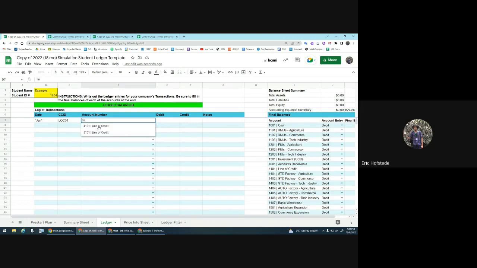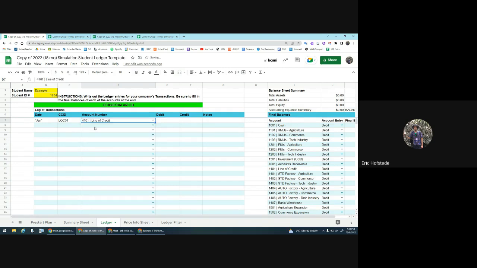I've got two different accounts for it. One starts with a 4 and one starts with a 5. Our 4 account is going to be a future asset. If you remember our asset liability equity equation, a 4 is a future asset.